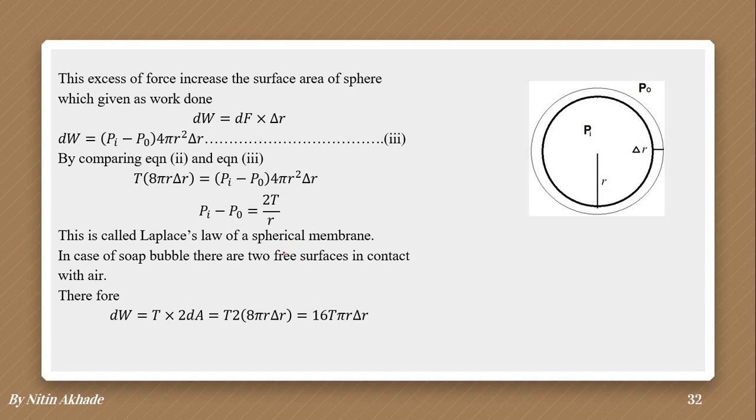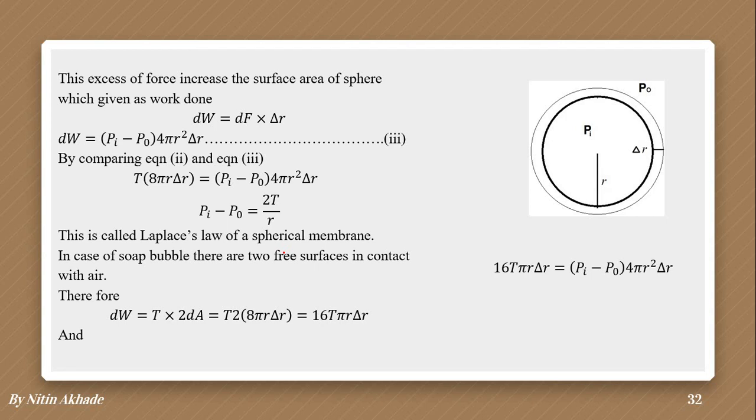Therefore the equation will be 16 T pi r into delta R. Comparing equation number 2 and 3, it becomes 16 T pi r into delta R is equal to (Pi minus P out) 4 pi r square into delta R. Similarly, delta R and r, pi cancel, and 4 ones are 4, 4 fours are 16.